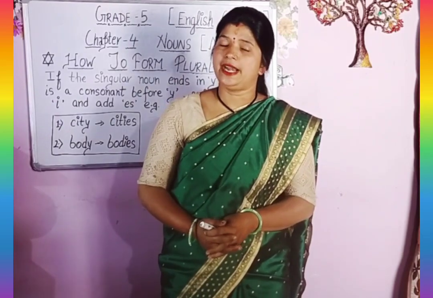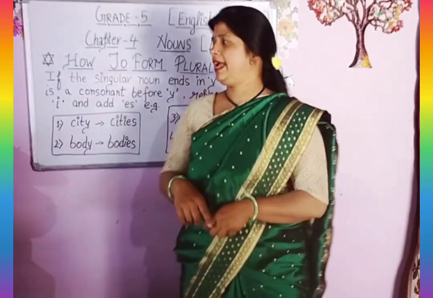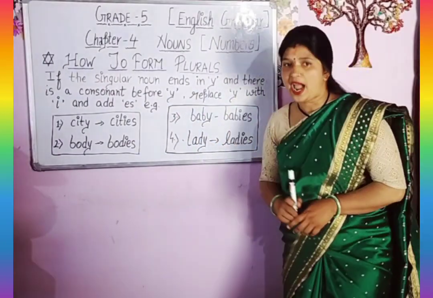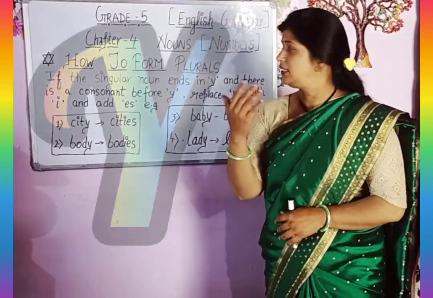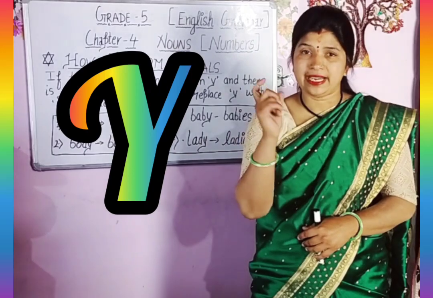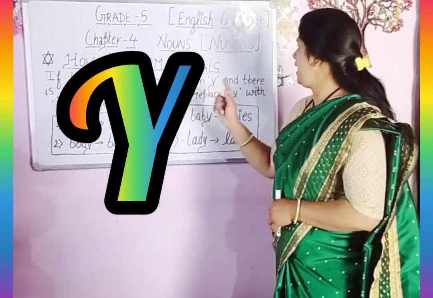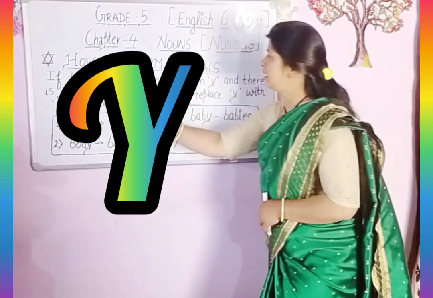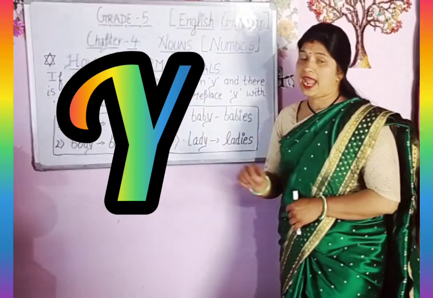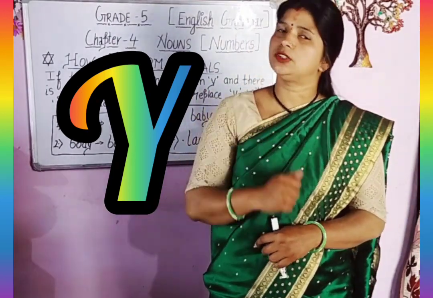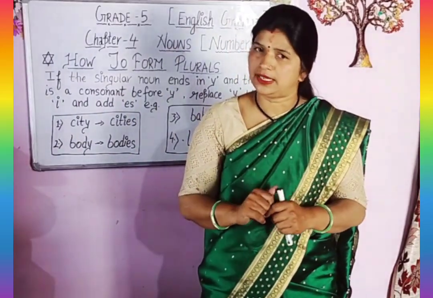My dear little kids, now rule number 4 is, if the singular noun ends in Y, and there is a consonant before Y, अगर Y के आगे consonant है, consonant you understand.